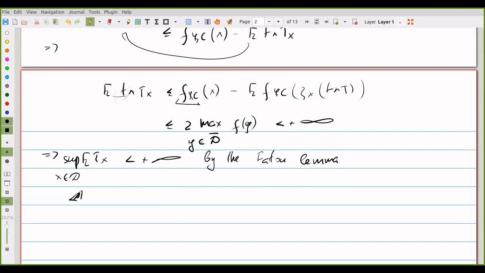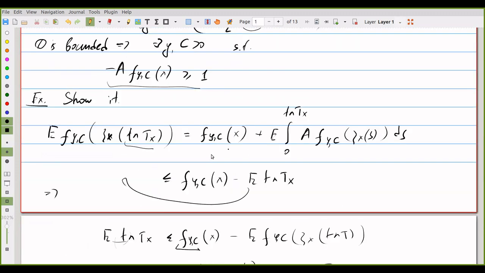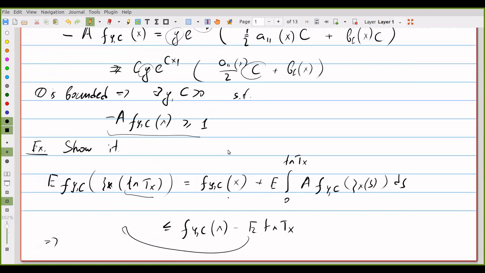So this proof is based on the idea of so-called barriers, also known as Lyapunov functions in some contexts.